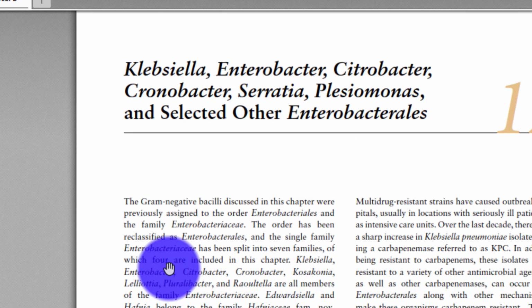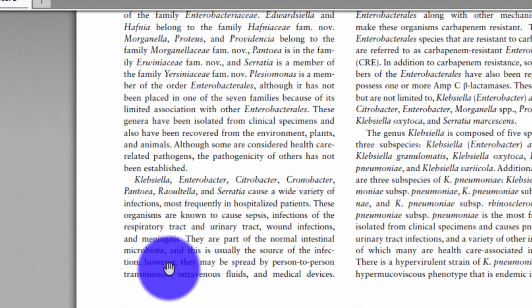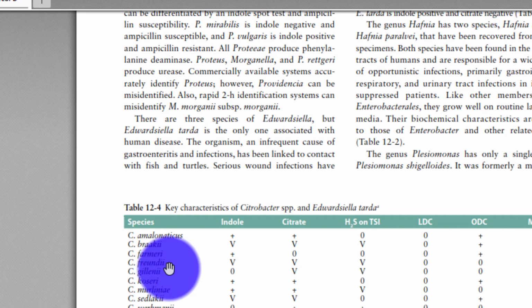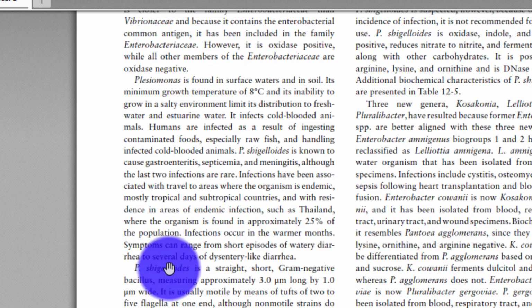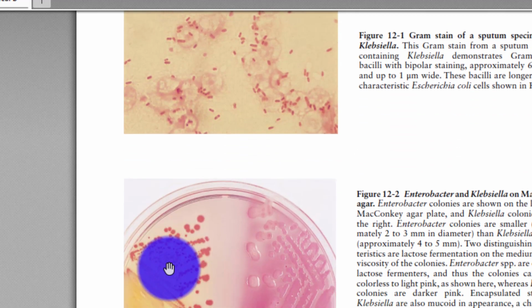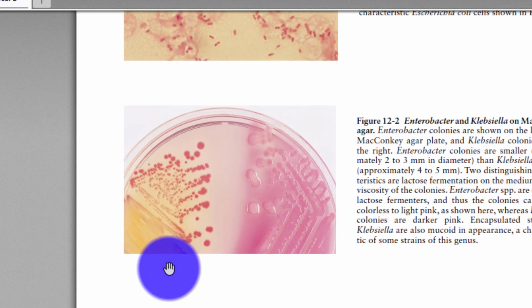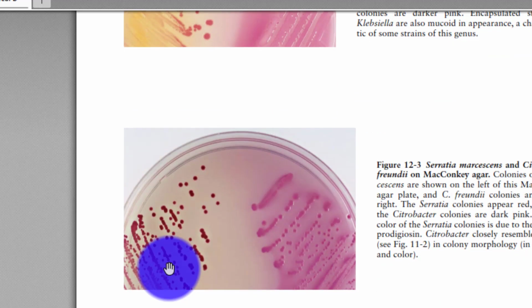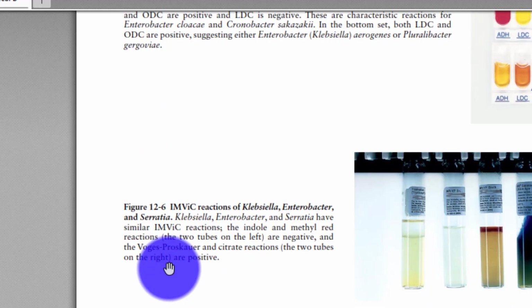Klebsiella, Enterobacter, Citrobacter. Gram stain of sputum, Klebsiella species, Klebsiella on MacConkey, Serratia, biochemical test.